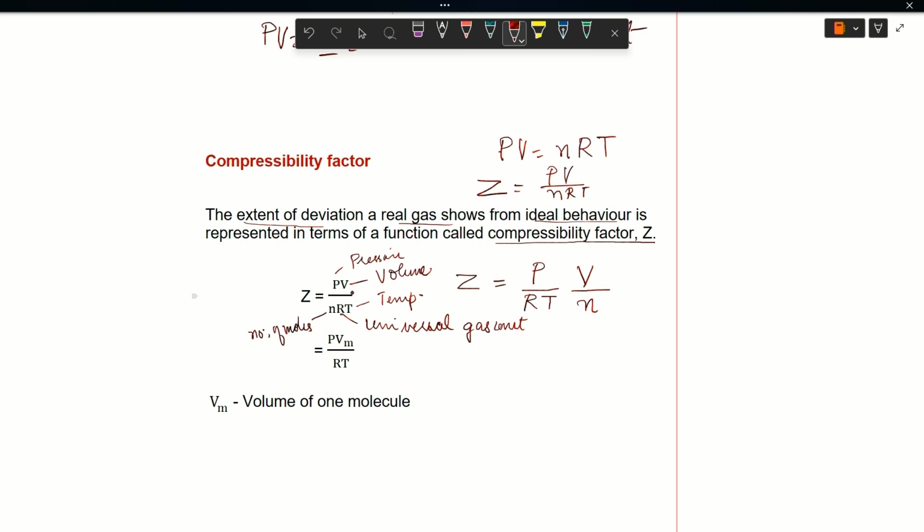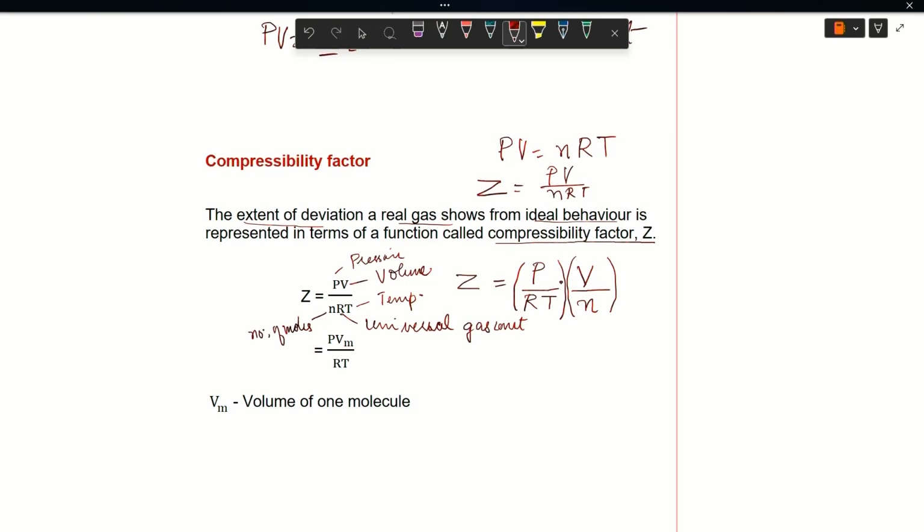Now, what I have done here is I have put PV by RT and kept V by n as another factor. V is the volume of the gas divided by the number of moles of gas.